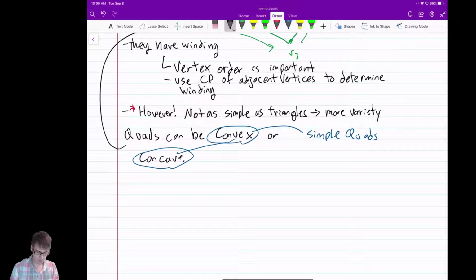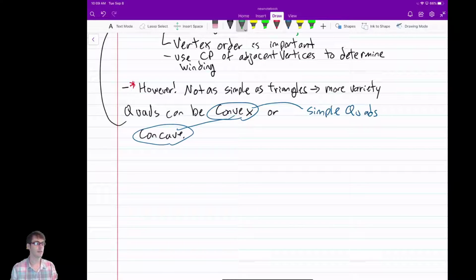So here's an example. I'm going to draw a concave quadrilateral. Right, bam, like this. That's a concave quadrilateral.